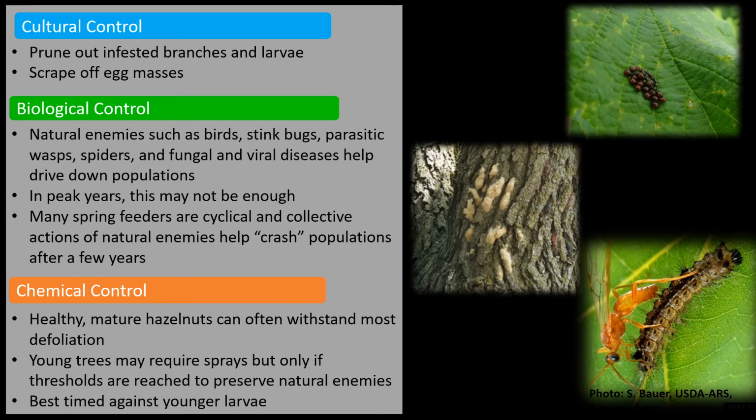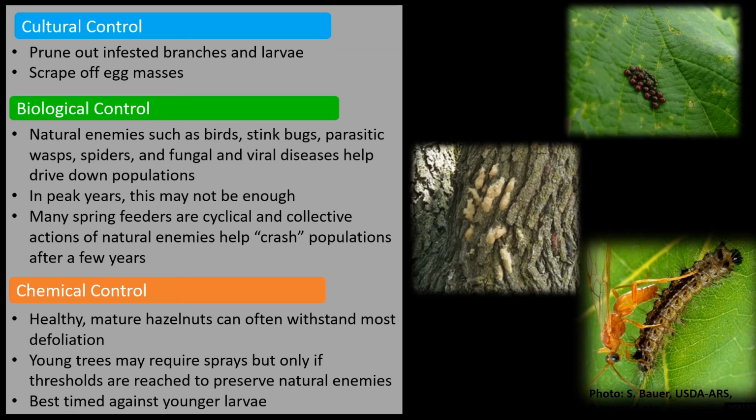As I will be discussing with gypsy moth, many spring feeders have cyclical populations, and when the populations start to build, the natural enemy populations tend to follow and increase as the pest population increases, and the collective actions of those increasing natural enemies will eventually help crush populations after a few years. That's true for gypsy moth and tent caterpillars and some other species.